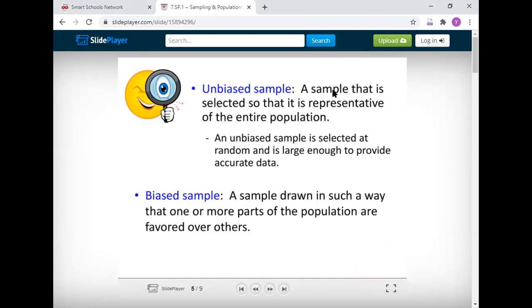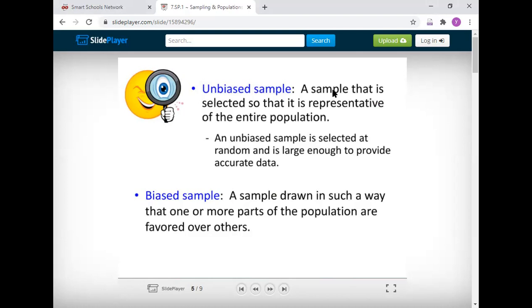So if you want to find the answer for something or prepare good information, you have to select a sample, and this sample will allow many people to feel free to say their opinion or to join us to take the decision. So in this case, it will be an unbiased sample.